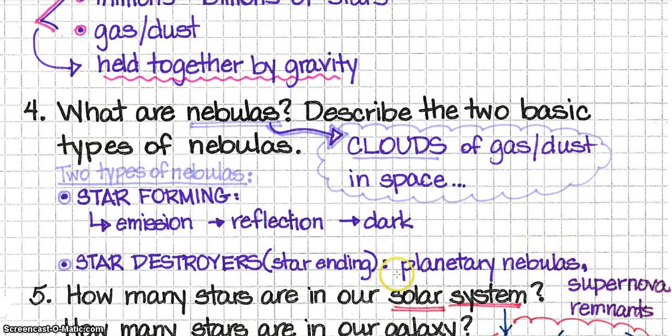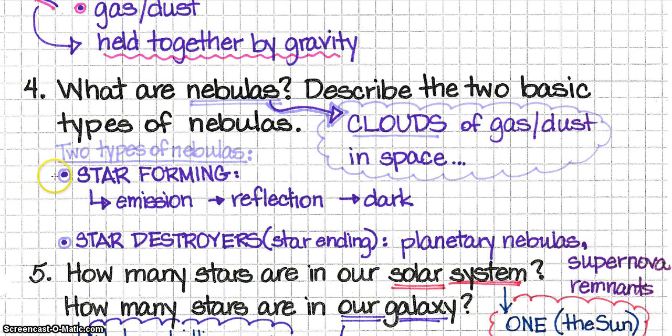Our sun is a relatively small mass star, and our sun is going to wind up forming a planetary nebula in 4 or so billion years, is what scientists think. But more massive stars basically blow themselves up, and the big cloud of dust and gas that's left over after that explosion is called a supernova remnant. All right. So two types of nebulas. Remember, nebula is just a fancy word for cloud. You've got nebulas that form stars, nebulas that form at the end of a star's life. So star forming, star destroying, or star ending. Okay.